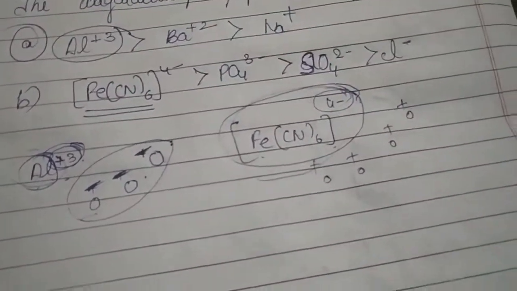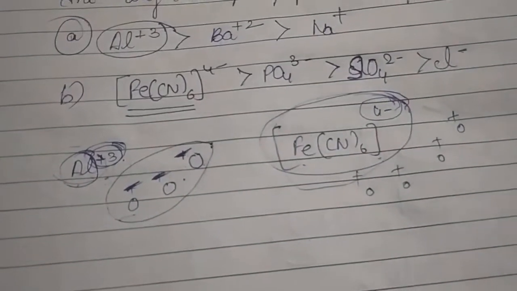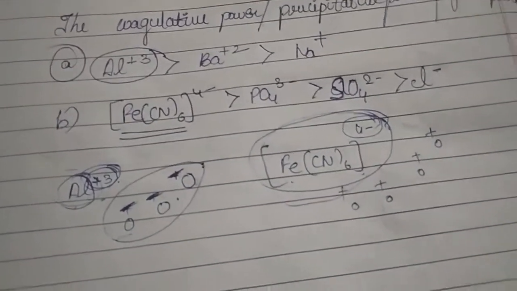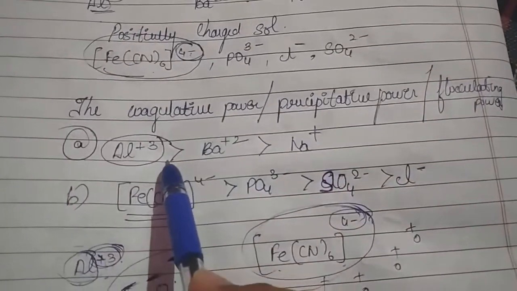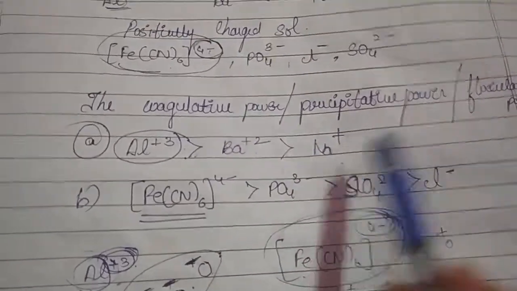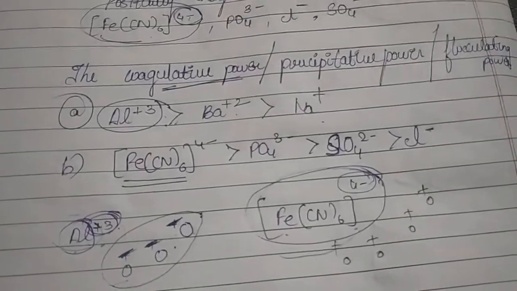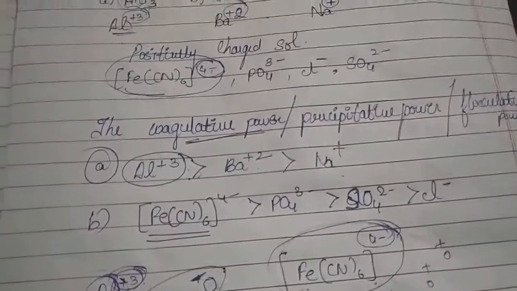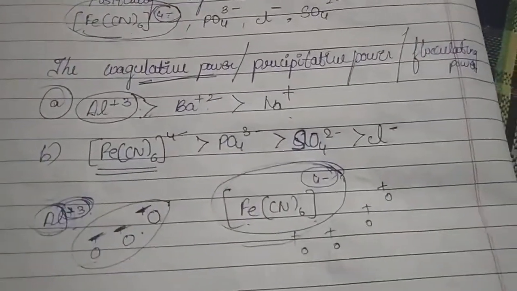This is the concept. The higher the valency, the more the coagulative power. Remember, I am using the word coagulative power. Whatever we have written, Al+3 greater than Ba+2 greater than Na+, is all with respect to the coagulative power. Is that clear? This was with respect to your exam-oriented things.